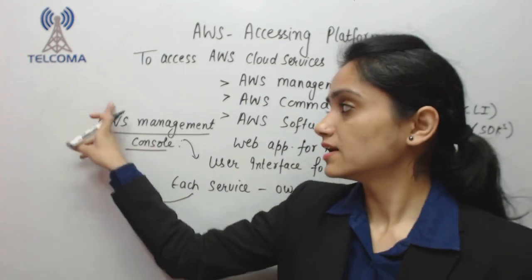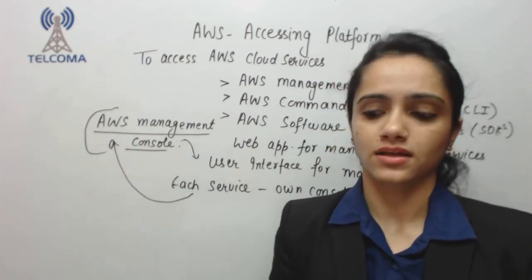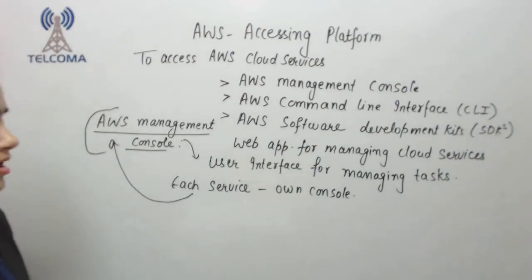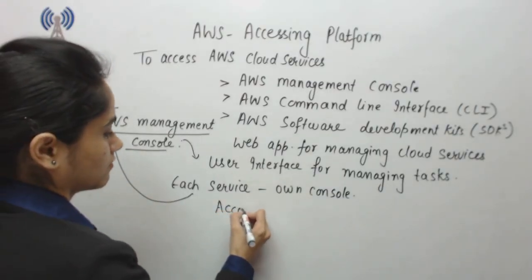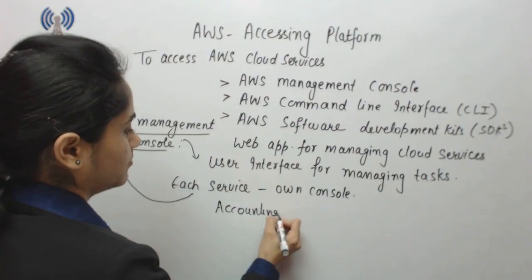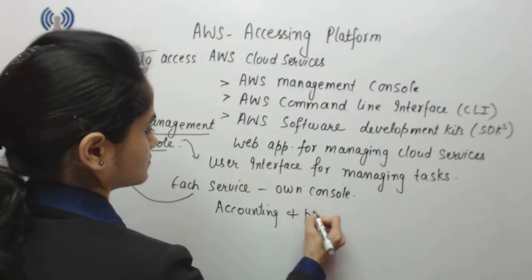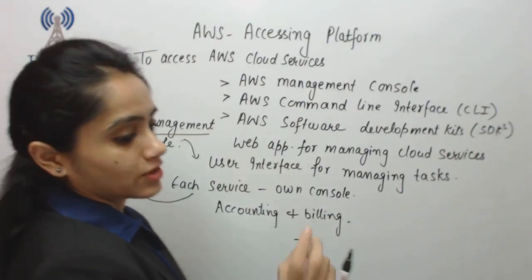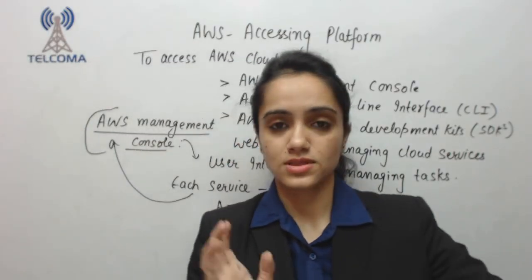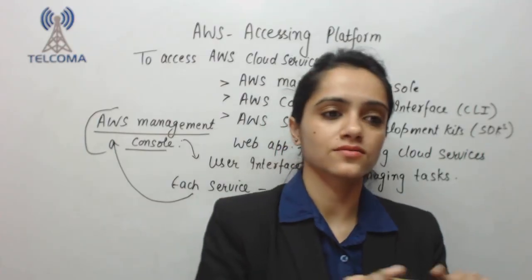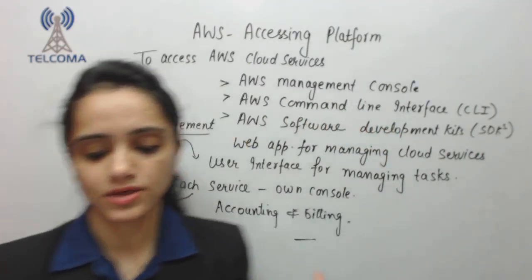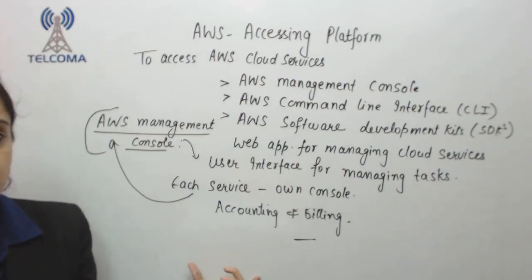We can access these from the AWS Management Console. It provides information about accounting and billing also. So for accessing, the very first thing we require is the Management Console. As per the service, we have their own console, which we can access from the Management Console, and accounting and billing is also provided by it.